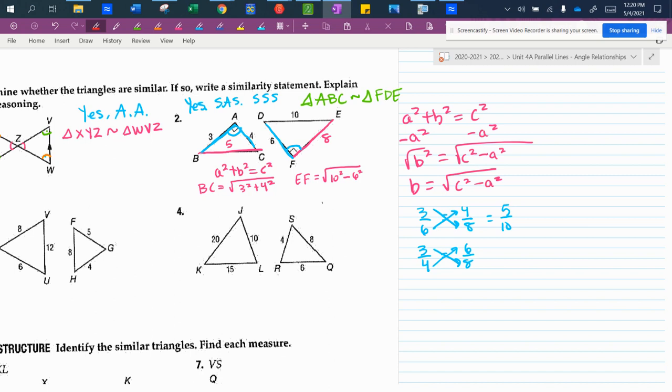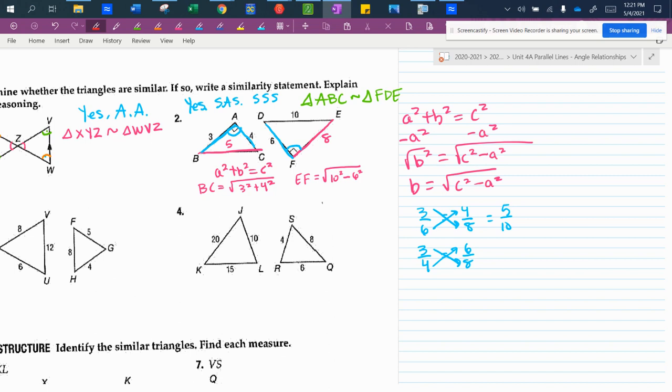So if we're saying that our second letter should be, if we're looking at FED, does FE correspond to AB? Look at the sides. What is side FE? 8. FE is 8.